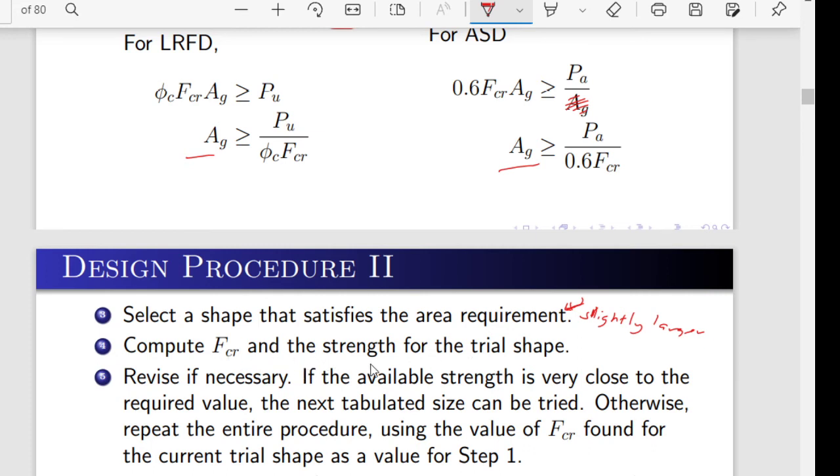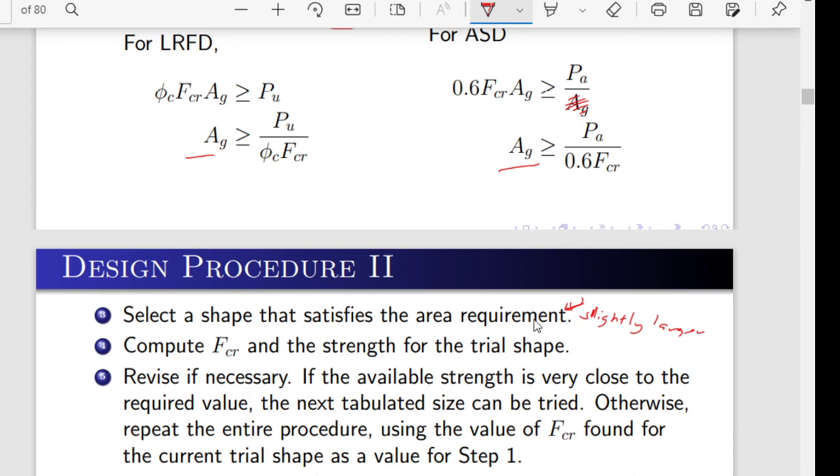Fcr, remember, is equal to the condition like 0.877 Fe. You have to compute the Euler's stress, which is Fe, first. Also, you have to evaluate the slenderness ratio, KL over the minimum radius of gyration.